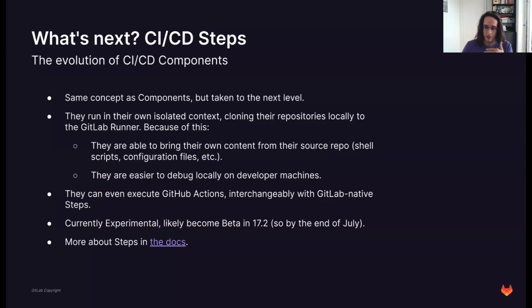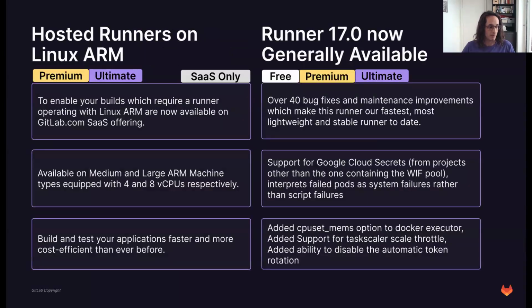When you are thinking about writing CI/CD pipelines in GitLab, just keep it in the back of your mind that this is coming and it will be awesome. Not to say that components are not already a big quality of life improvement, but this is what's coming next.